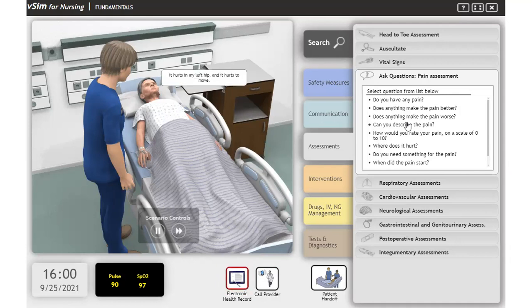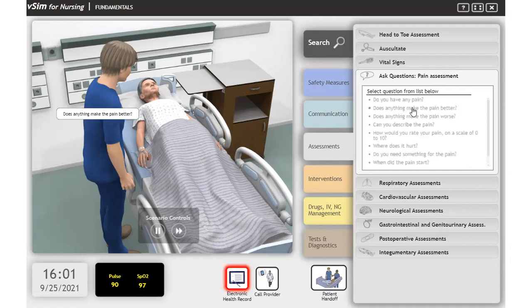It hurts in my left hip, and it hurts to move. Does anything make the pain worse? Any movement, really. Does anything make the pain better? No, nothing really makes it better.